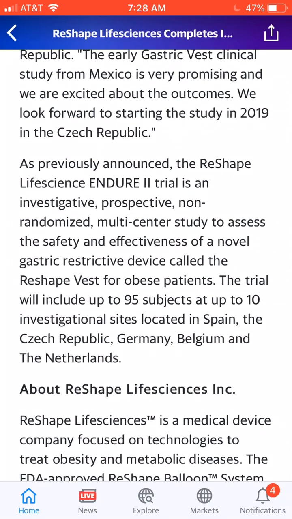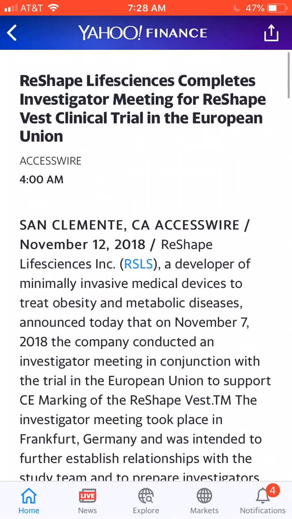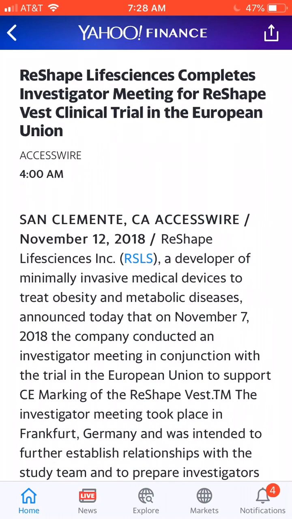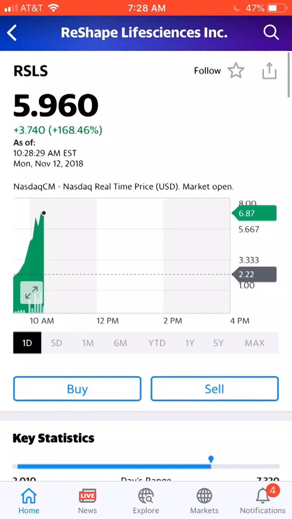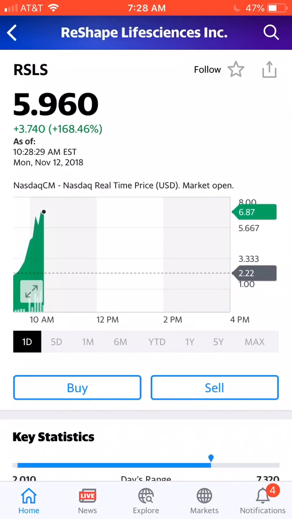So yeah, I would look at this as a positive trial result news. But anyway, now it's already very overextended because it went up over 100% already.